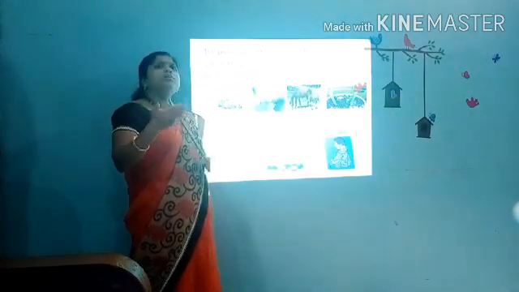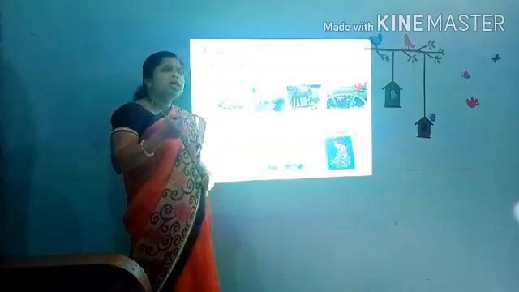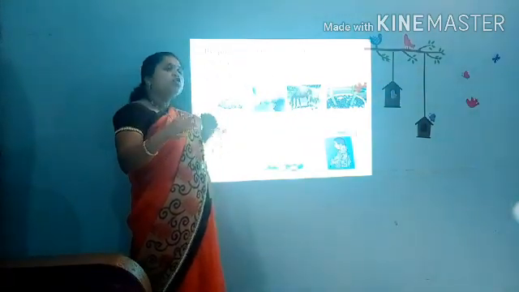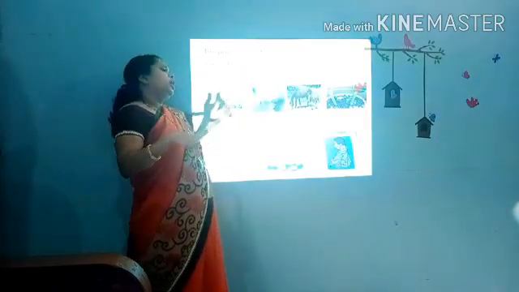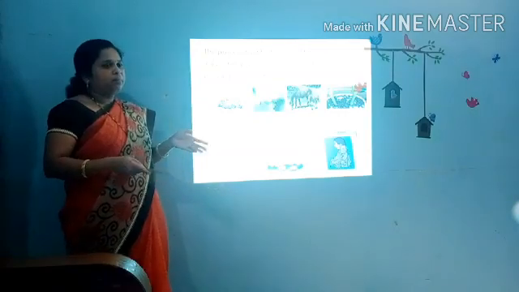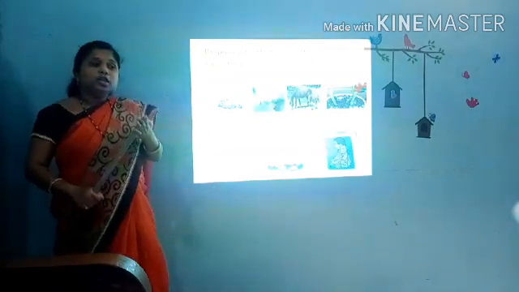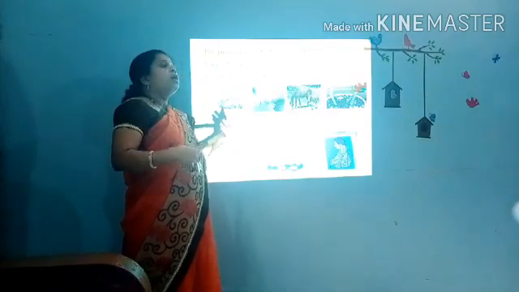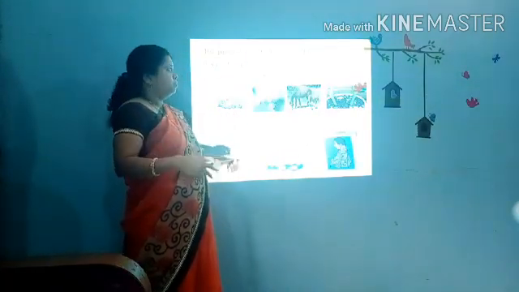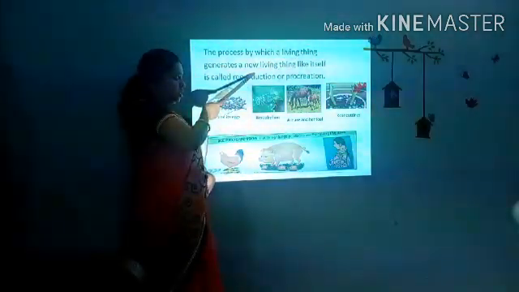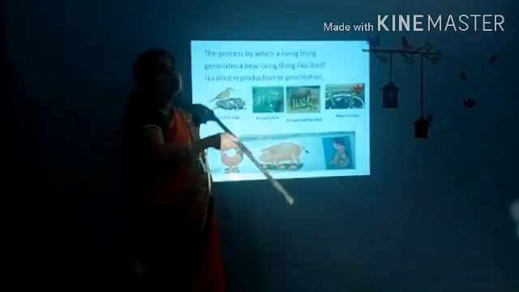No, we are not able to see it, because a chair cannot produce a new chair by itself, and we are not able to see any compass producing another compass, because they are all non-living things. But living things can give birth to their young ones. So the process by which a living thing generates a new living thing like itself is called reproduction or procreation.